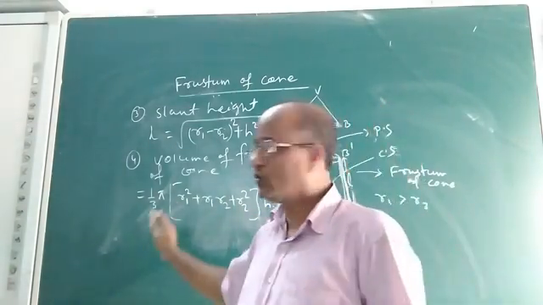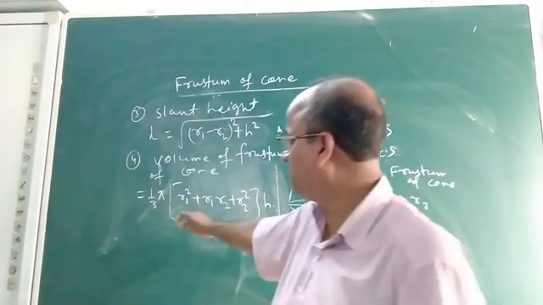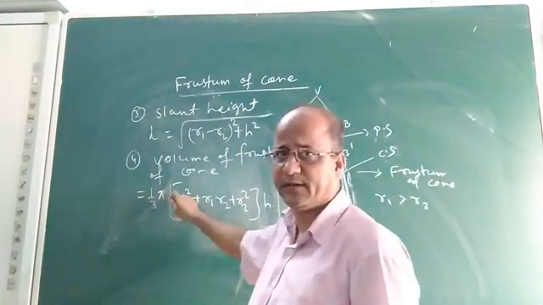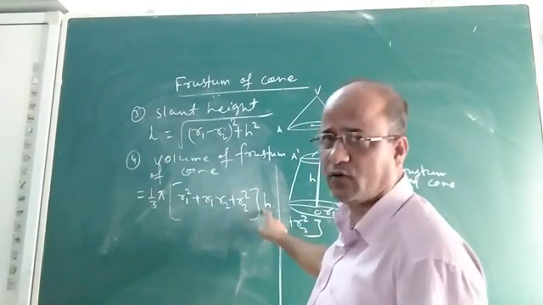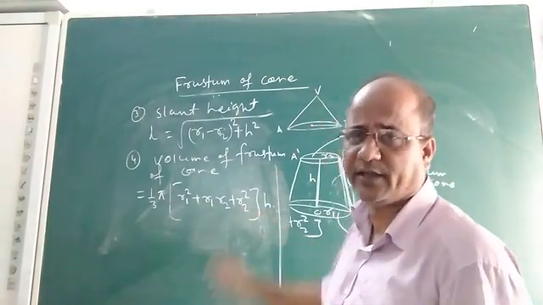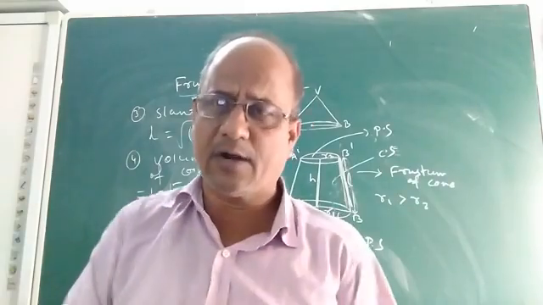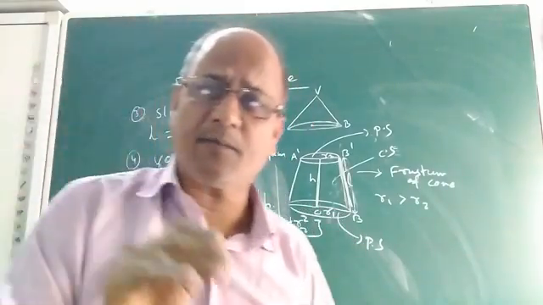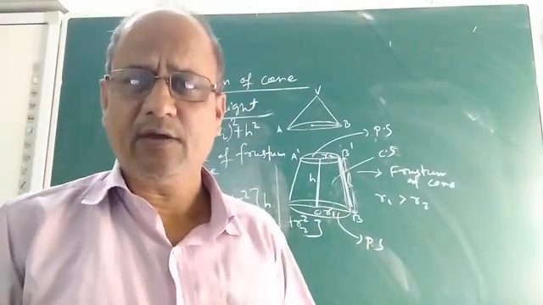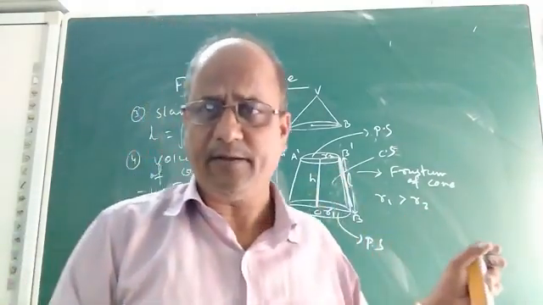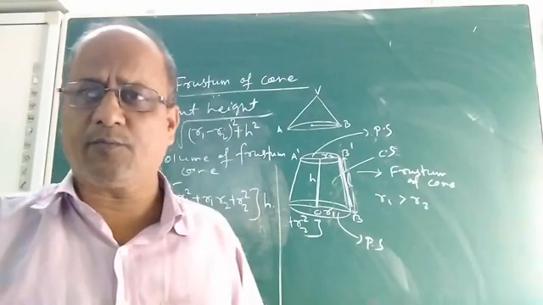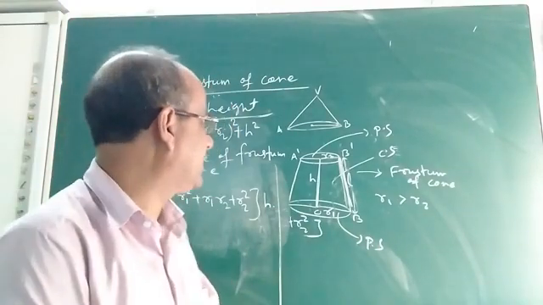Okay. So we can find the volume of frustum of cone using this formula: 1 by 3 pi into r1 square plus r1 r2 plus r2 square whole multiplied by the height. Okay. So children, if you remember all these formulae, you will be able to solve any problem on frustum of cone. And regarding the derivation of all these formulae, it is very simple.